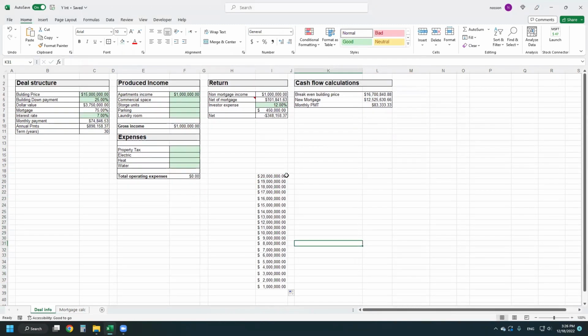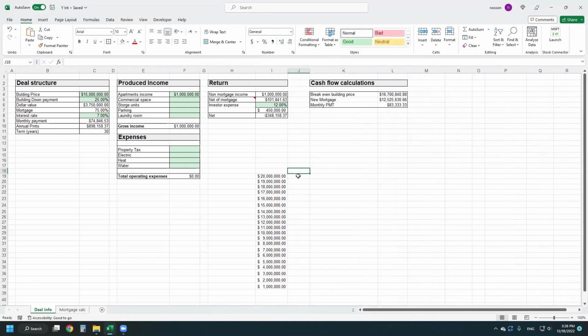Okay. And right here, instead of making a formula ourselves, we take this number here and make this equal to that. So this is our end results cell.